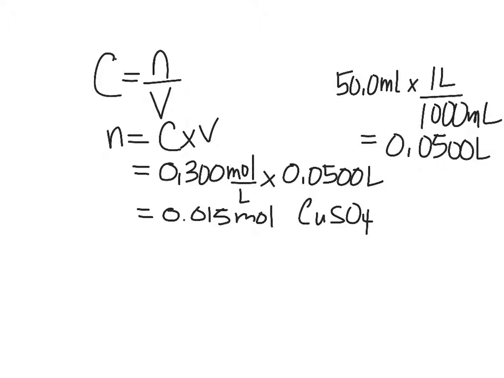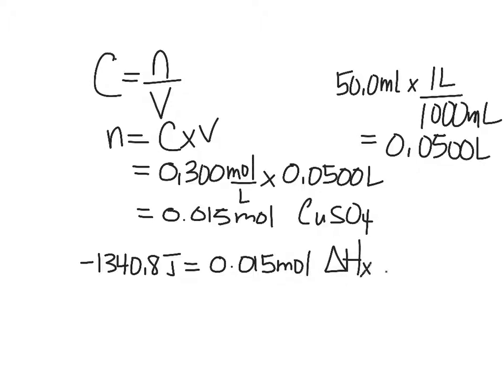So now we're going to plug that value and our delta H into our formula to solve for delta Hx. So divide both sides by 0.015.